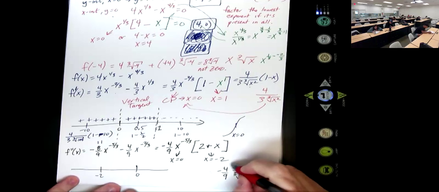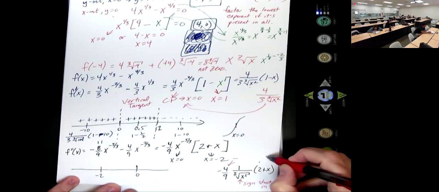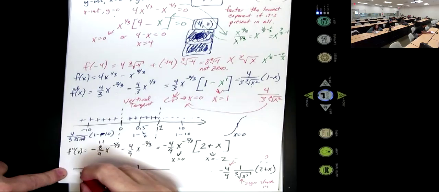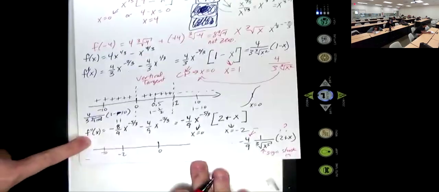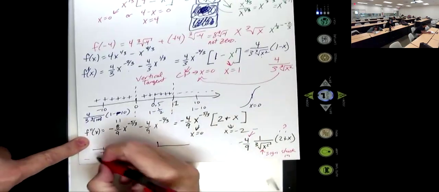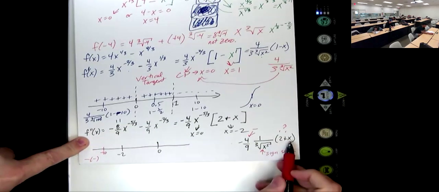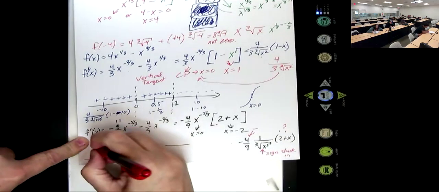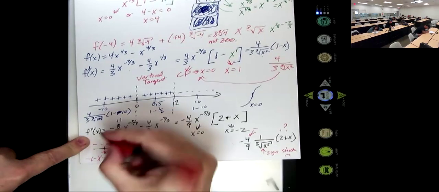But we get a negative from this one, and whatever happens here. So if I do like -10, I get a negative from the -4/9, I get a negative from the cube root, and 2 minus 10 is gonna be a negative from that parentheses. This is a negative region, so concave down.